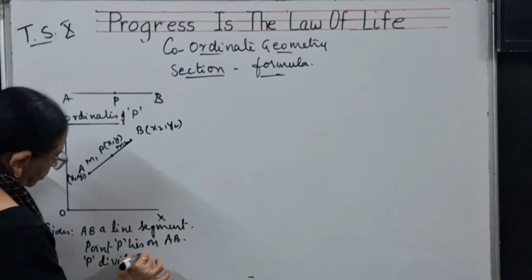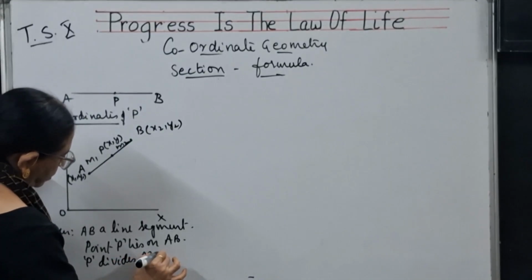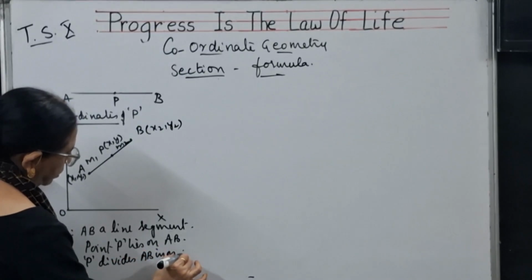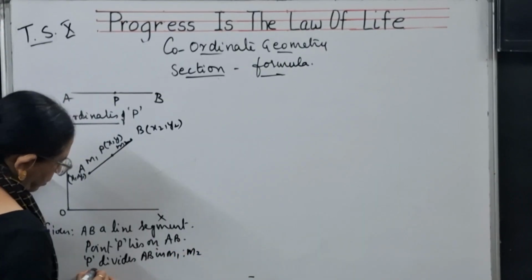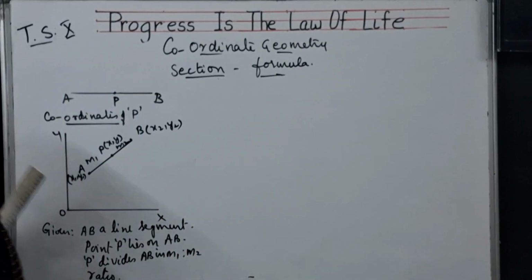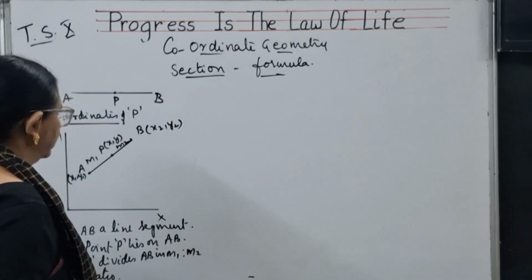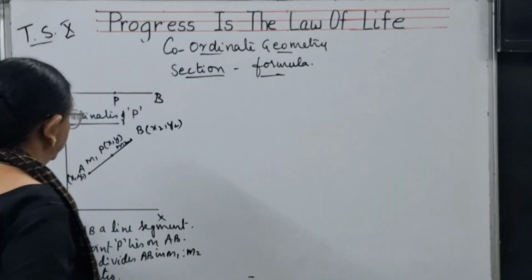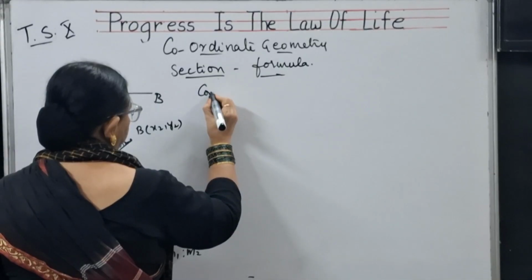P divides AB in m1 is to m2 ratio. So to get the proof for it, you need a construction.